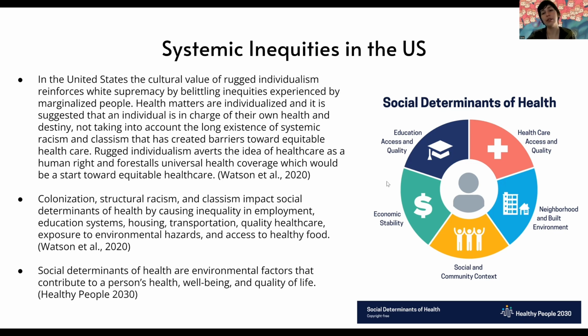I have a little example over here of what they are: education access and quality, healthcare access and quality, neighborhood and built environment, social and community context, and economic stability. For someone to have a healthy, happy life or a good quality of life, those areas need to be addressed.